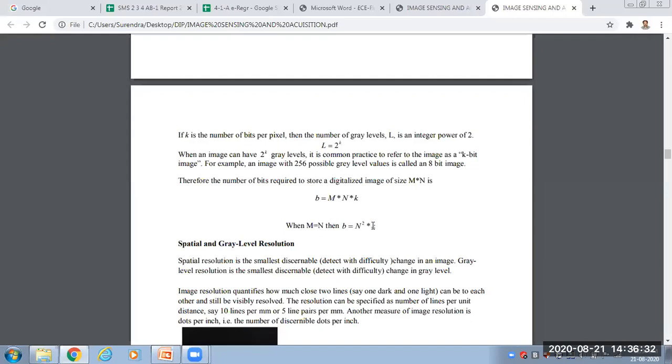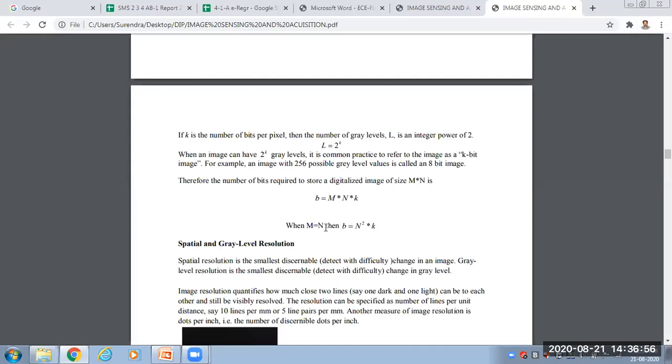Here k is the number of bits per single dot. Remember, all of you, k is the number of bits. That depends upon your requirement. You can represent 3 bit, 4 bit, 2 bit, 5 bit, 6 bit, 8 bit, 7 bit, like this. So depending upon your requirement, we can represent the digital image.